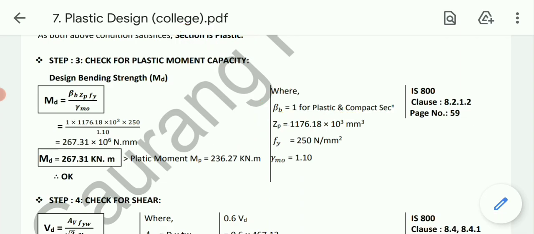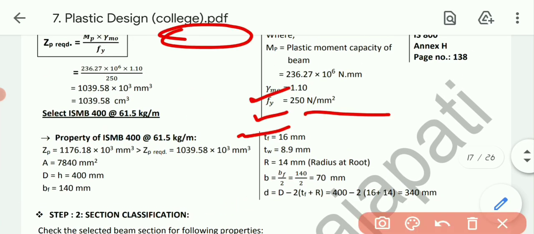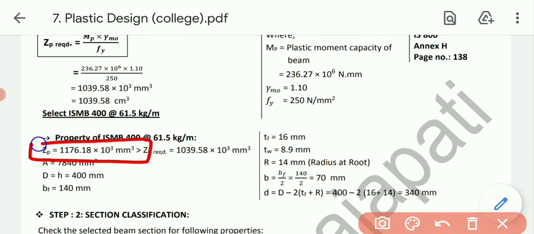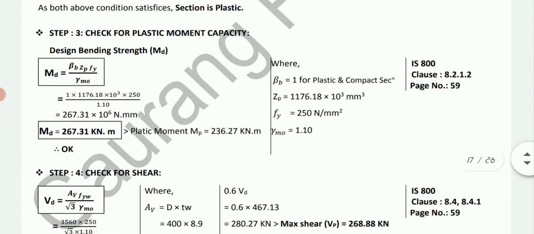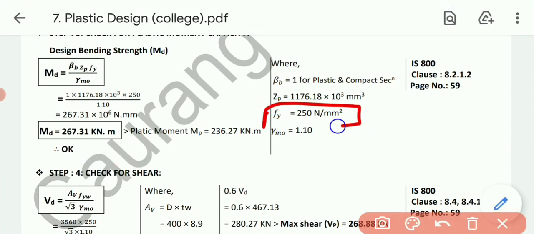We can see in the properties of the selected section Zp is 1176.18 into 10 raised to 3. Then fy, the yield stress of steel, is 250 Newton per mm square, and gamma m0, the partial safety factor, is 1.10.